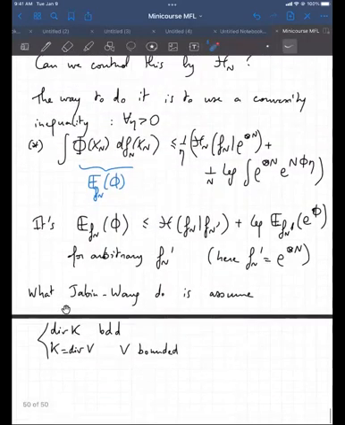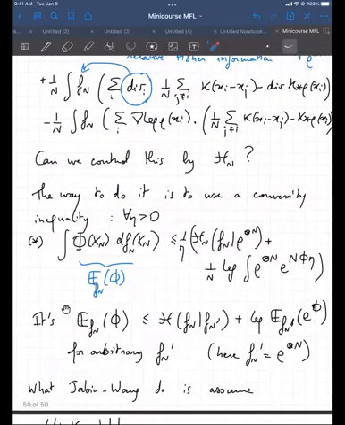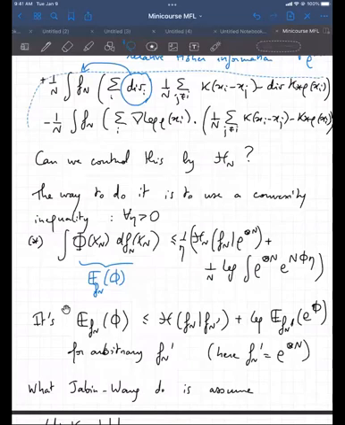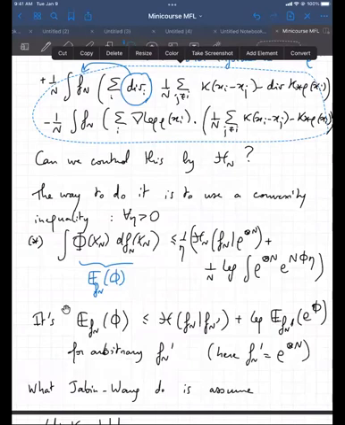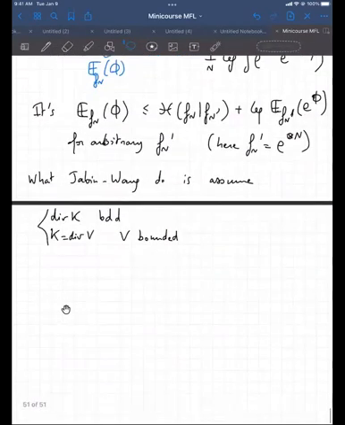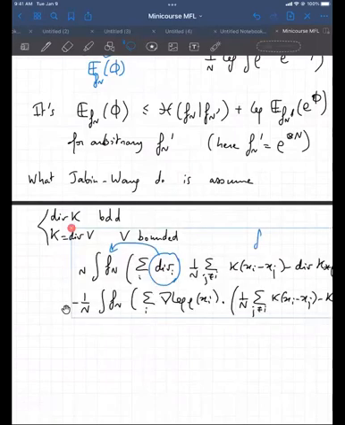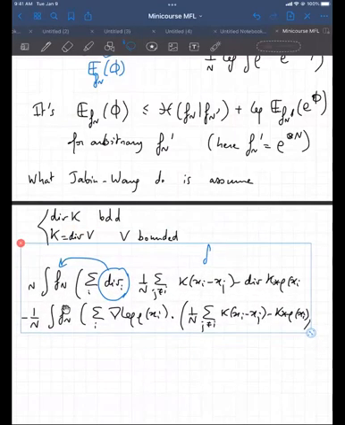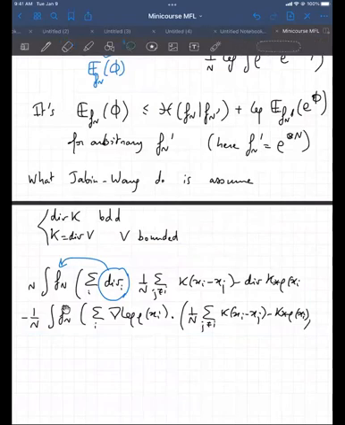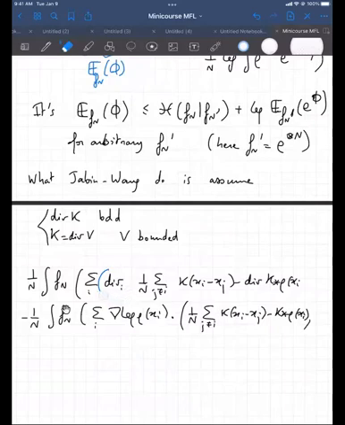Okay, so we have to control these two terms. Let's try to copy them. So you see, with this point of view, it's not a good idea to do this integration by parts. You should exploit the fact that diff k is nice, so you leave it like that, and then you just have terms in Fn.